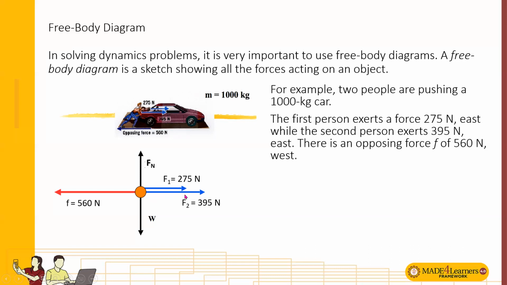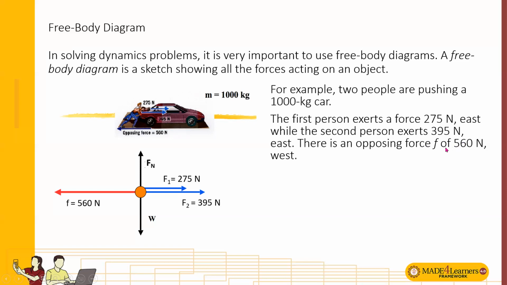You can put the first force on top of the second force, but for emphasis there are two forces, so the first force is along the x-axis. Both are going to the right, or eastward. Then the opposing force mentioned is 560 newtons west.